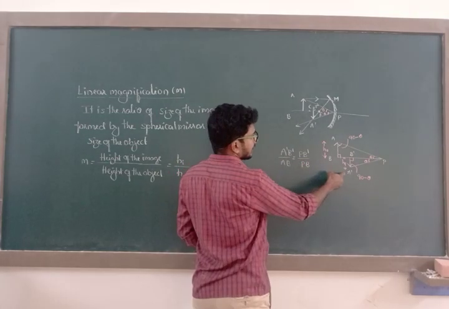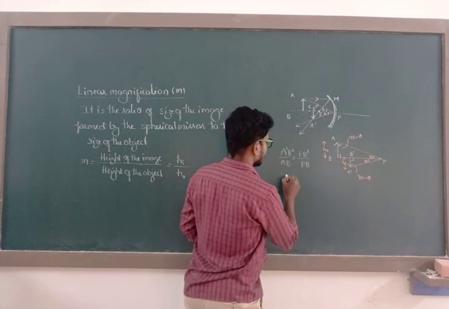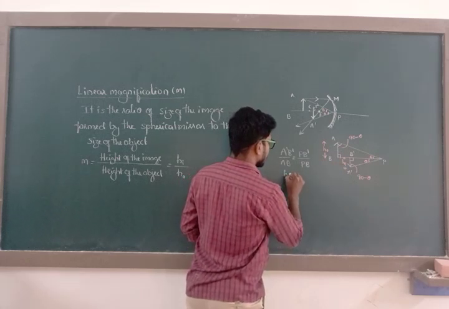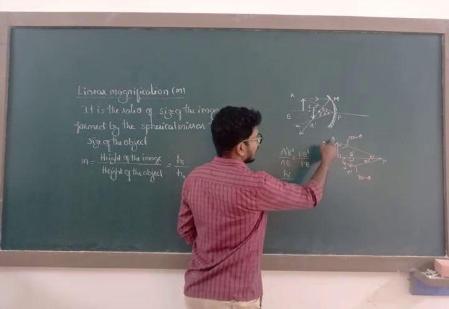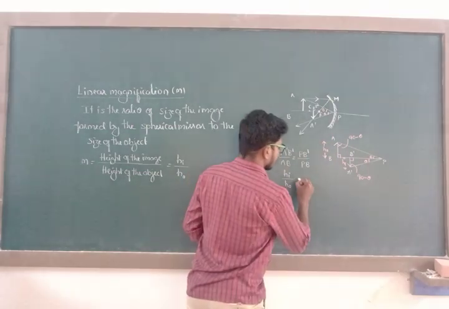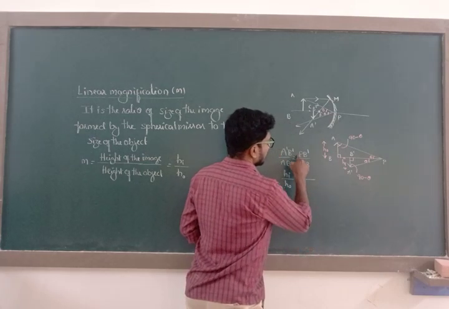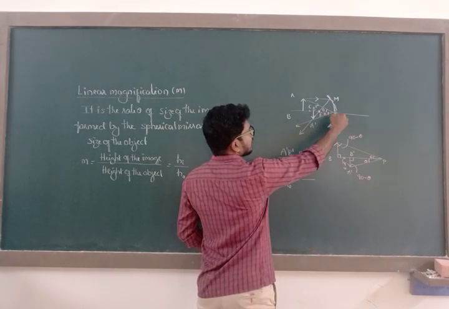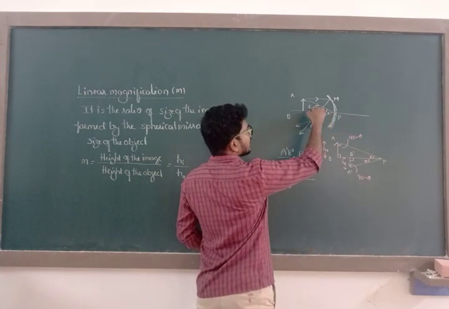A dash B dash represents height of the image, divided by AB which represents height of the object. This is equal to PB dash, distance between pole and position of the image.